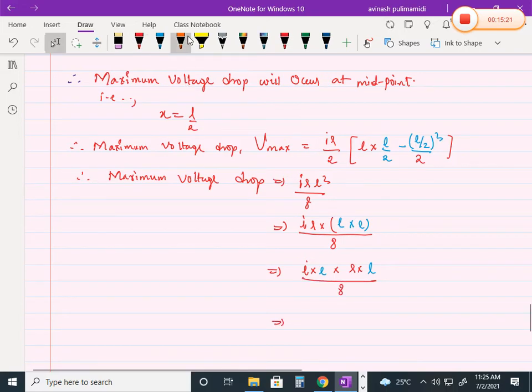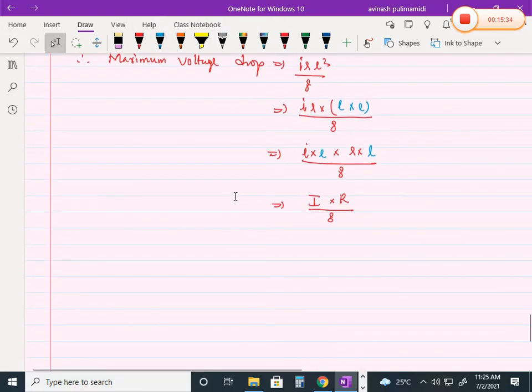That implies (I into l) into (r into l) divided by 8, which can be written as capital I into capital R divided by 8, where I into l is the total current of the distributor. That implies capital I is small i into l, the total current of the distributor.